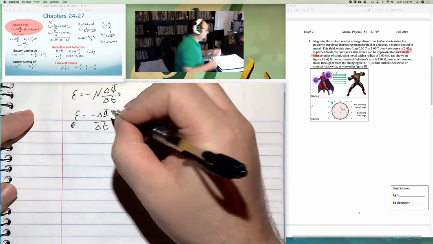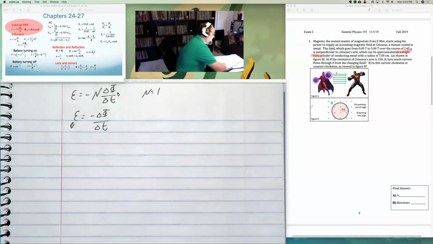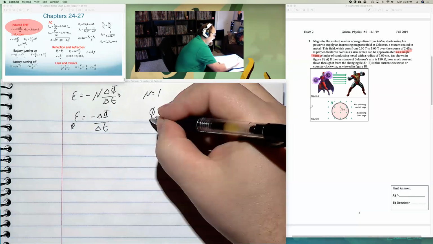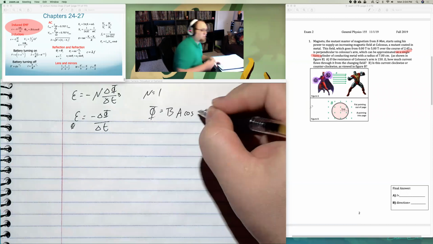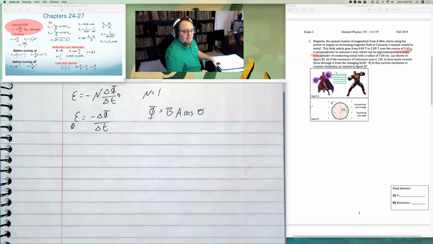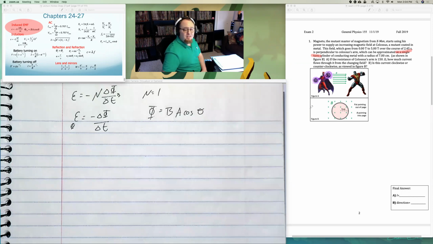But flux, we need to work out what flux is. Flux is, by definition, the magnetic field times the area times the cosine of the angle between the two. Now, in this case, the fist is pointing straight out of the page, and B is pointing straight in the page. They're parallel. Really, the fist pointing in the page or out of the page will have the same effect.